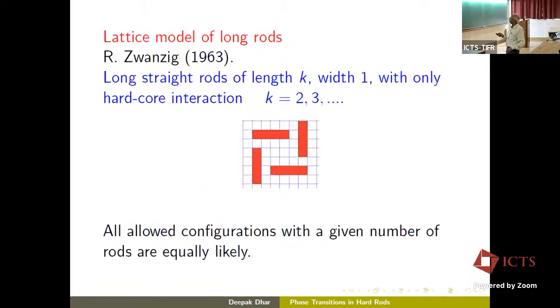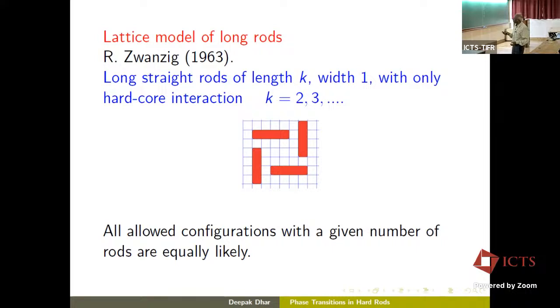Okay, so we will study lattice models of long rods. The picture is for a square lattice, long straight rods of length k, width 1, and only hardcore interactions. So I will take the pictures where the rods are rectangles of width 1 and length k. You can take rods which occupy sides of the lattice, but we are taking rods which occupy squares of the lattice.